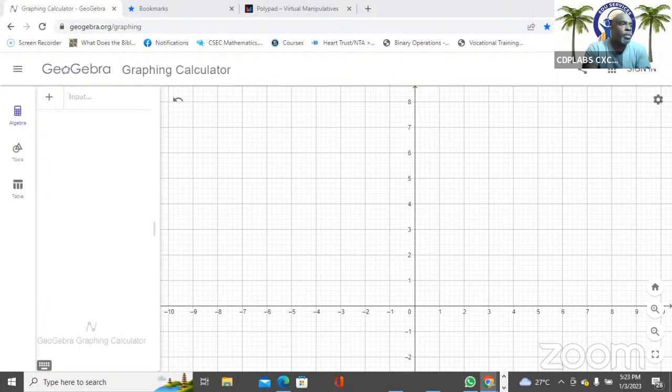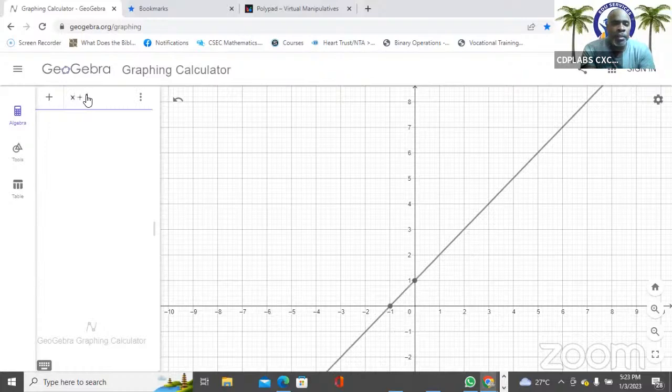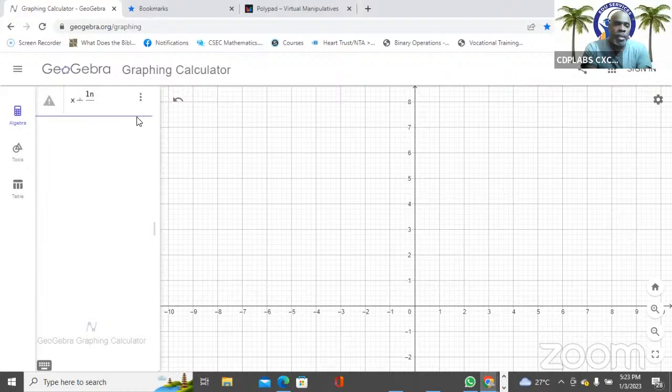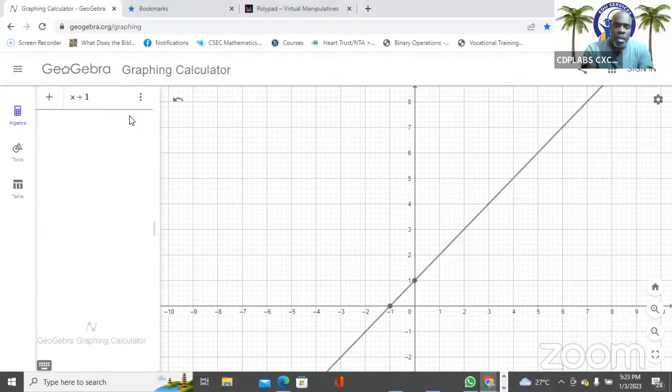So we're now graphing. When you're using GeoGebra, you don't have to type in f of x, because naturally it's f of x. So I have x plus 1, and then we'll be dividing that by 2x minus 5.